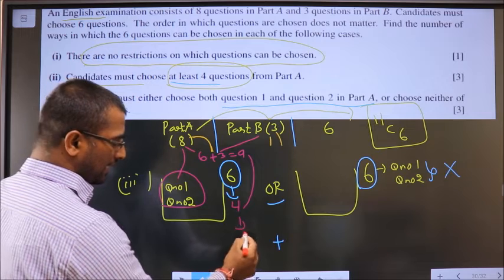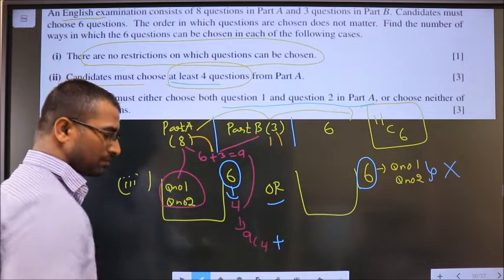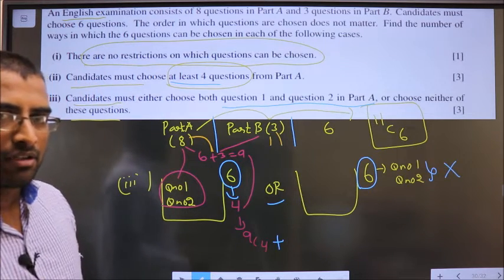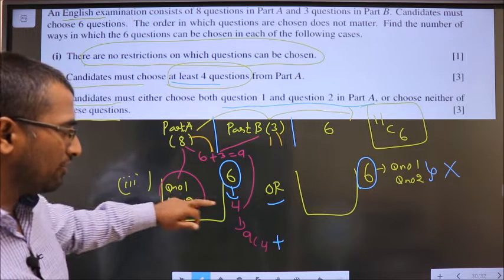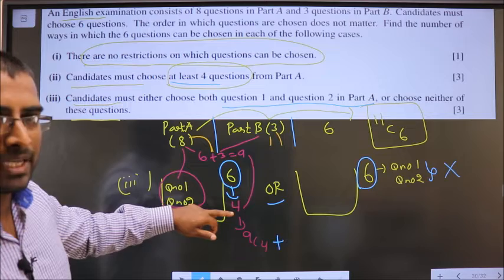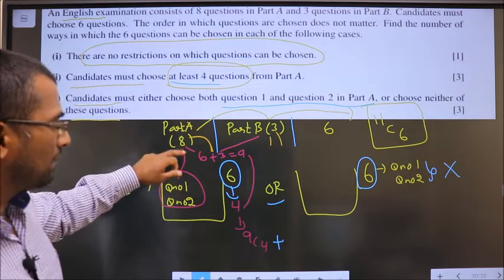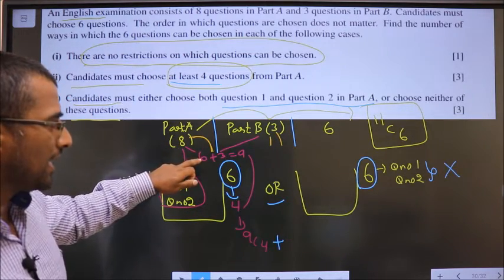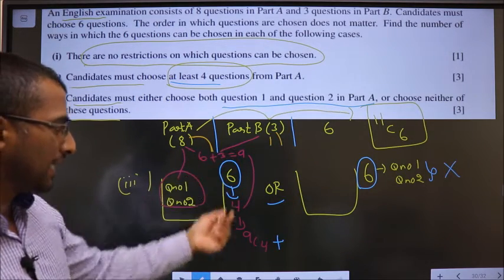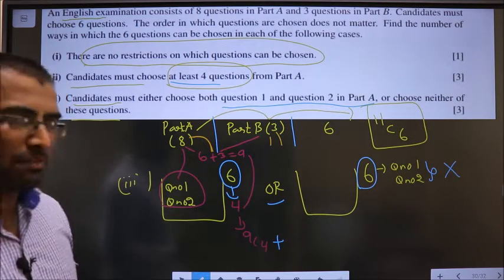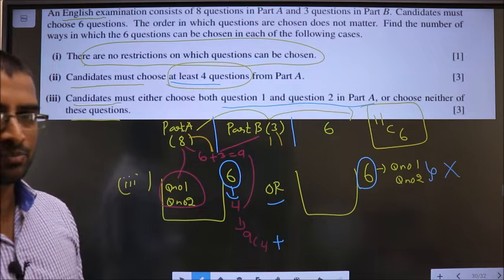That can be done in 9C4 ways. Clear? He has attempted these 2, so 4 more he needs to select, from 9. That can be done in 9C4 ways.